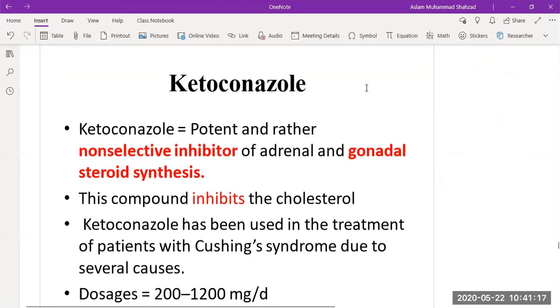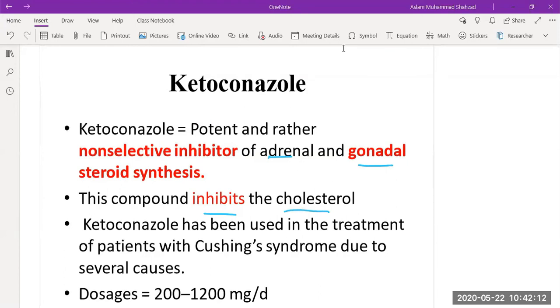Ketoconazole is also a potent non-selective inhibitor of adrenal and gonadal steroid synthesis, and it is also responsible for inhibition of cholesterol synthesis.